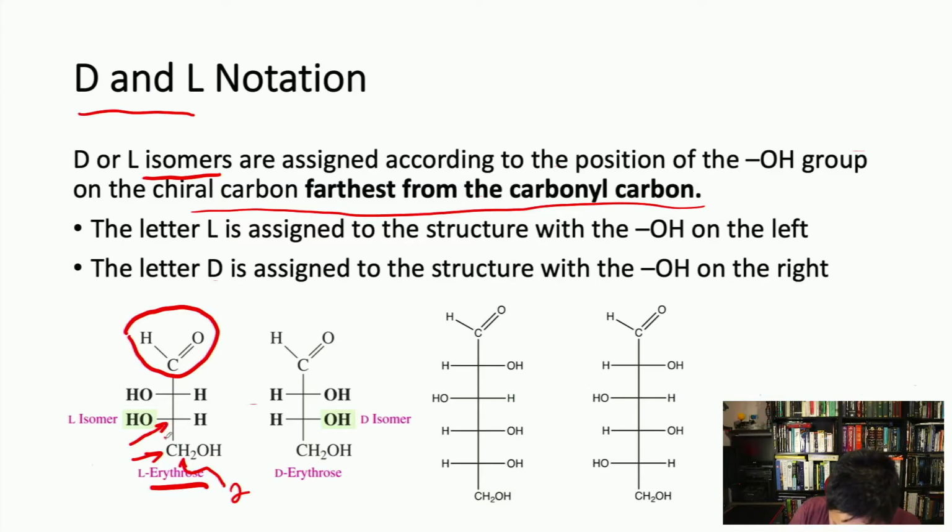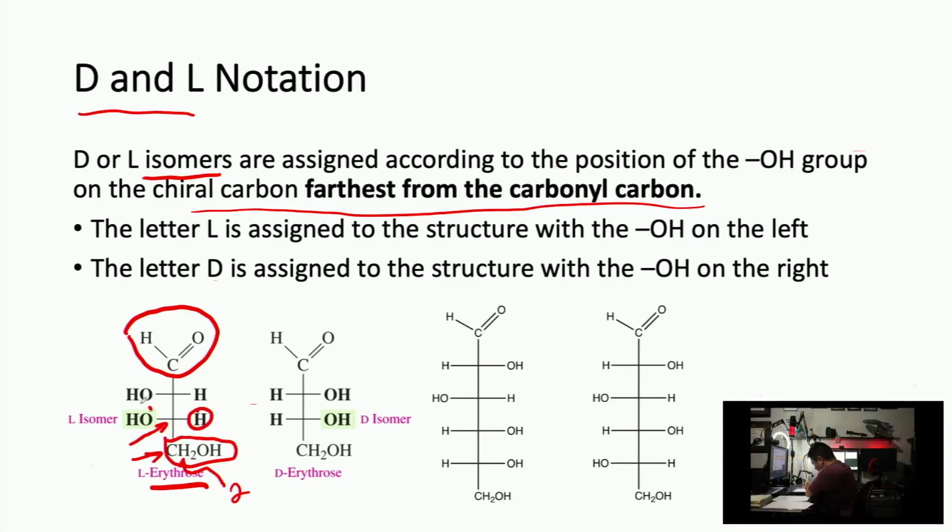It's got this hydrogen here, this OH here, and it's got this entire other part of the molecule here. So that's the furthest carbon that's chiral from the carbonyl group.